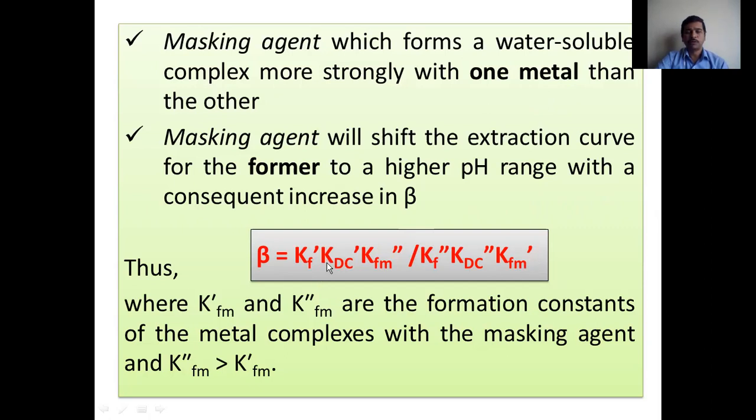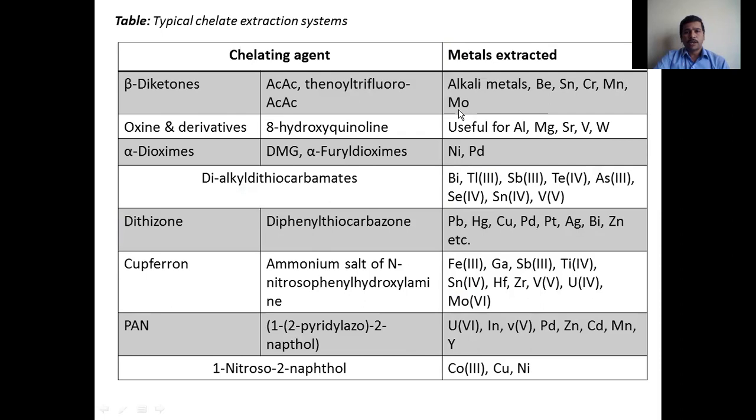So beta is equal to KF dash into KDC dash into KFM double dash divided by KF double dash into KDC double dash into KFM dash, where K dash Fm and K double dash Fm are the formation constants for the metal complexes with masking agent, and you must assume that K double dash Fm is greater than K dash Fm. So according to this, either by controlling the pH and by using the masking agents, we can extract one metal by retaining the other metal, and hence the selectivity of the extraction can be achieved.